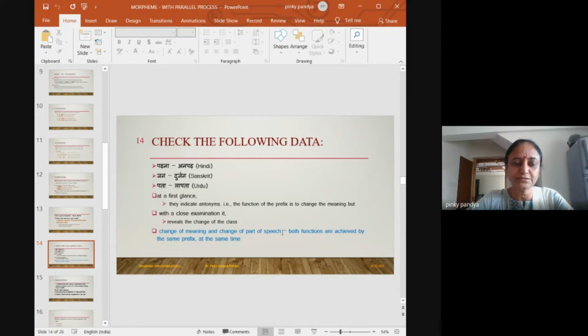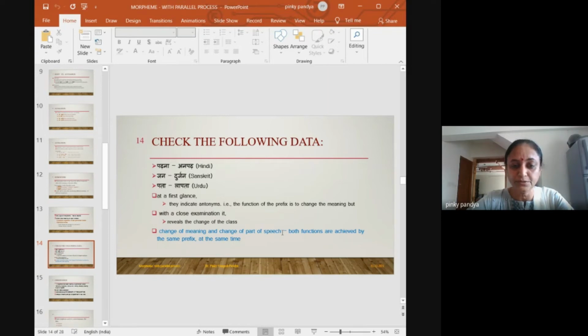At first glance, we'll find that these prefixes an, dur or la change their root word into an antonym. But if we check a little more closely, we'll find one more thing: these prefixes not only change the root word into an antonym, they change the part of speech too.